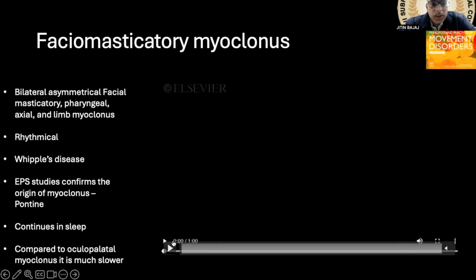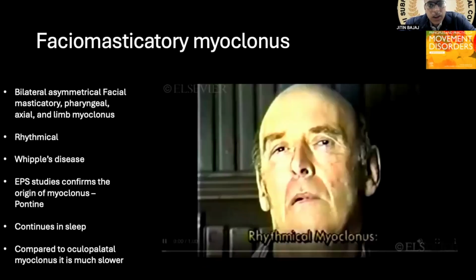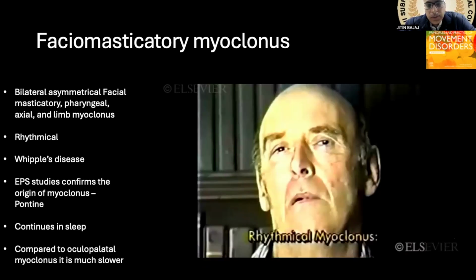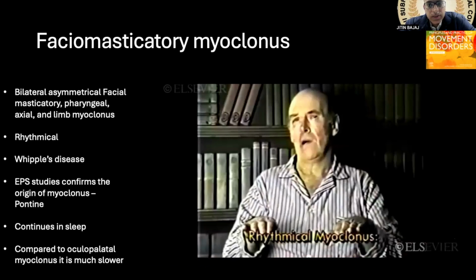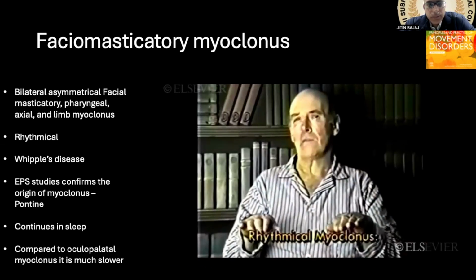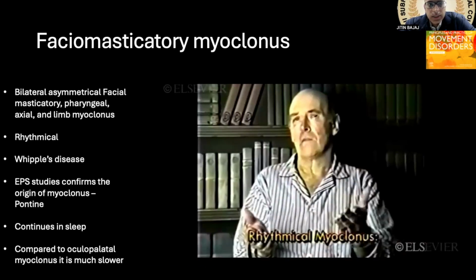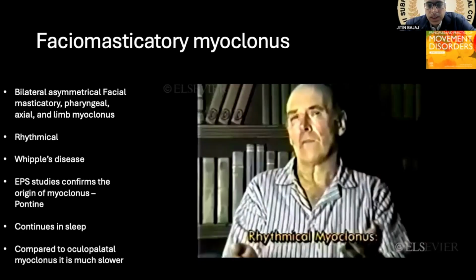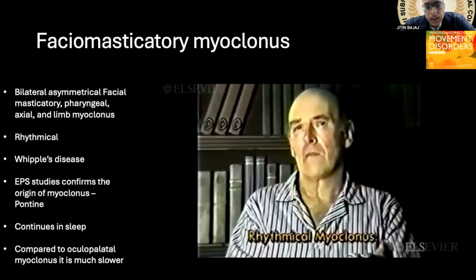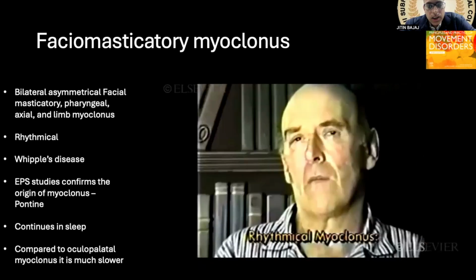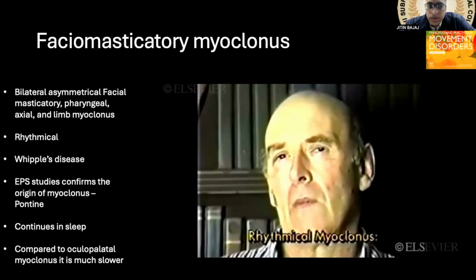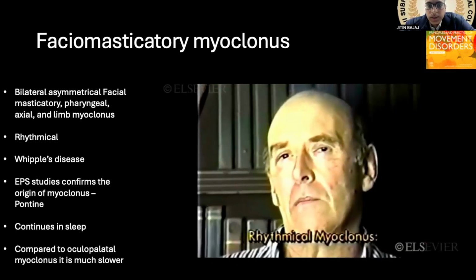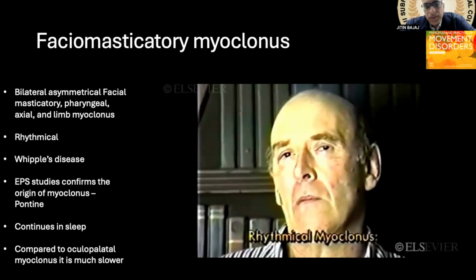Faciomasticatory myoclonus is a bilateral asymmetric facial myoclonus that can be associated with masticatory muscles, pharyngeal muscles, and axial and limb myoclonus. It's a slow rhythmical myoclonus. It's seen in Whipple's disease, which is a bacterial problem. The electrophysiology studies will confirm the origin of the myoclonus, often in the pontine region.